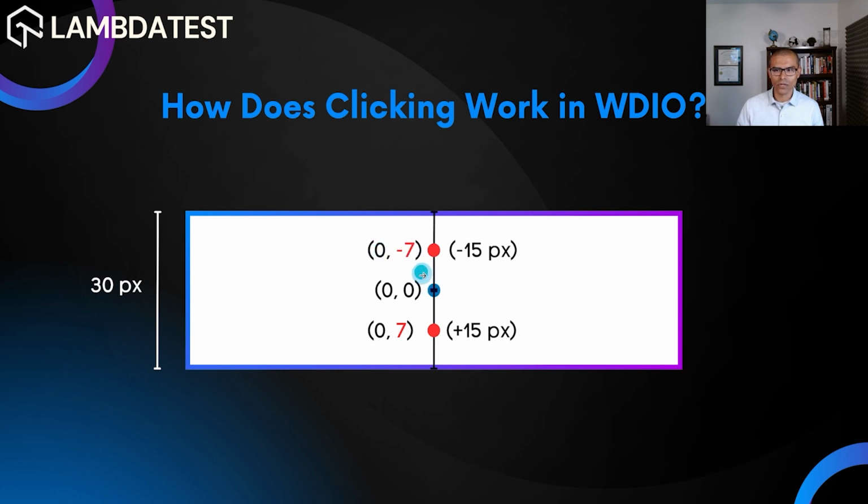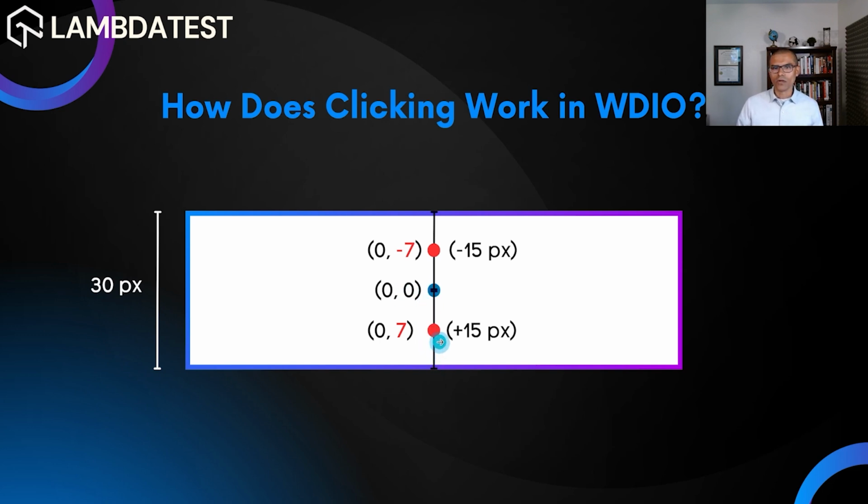That means we're not going to go anywhere from side to side. That's why the x is 0, but the y is -7. That means we're going to go up because we're passing a negative value. So we're going to land about halfway between the middle and the upper boundary. Now, if we want to go down from the middle, then we pass a positive value, and that's going to land us somewhere between the middle point and the bottom boundary.